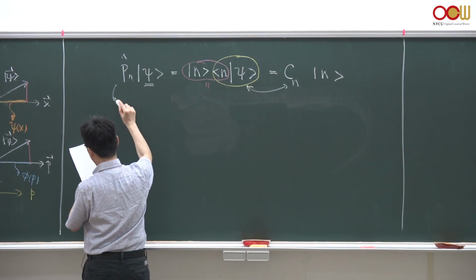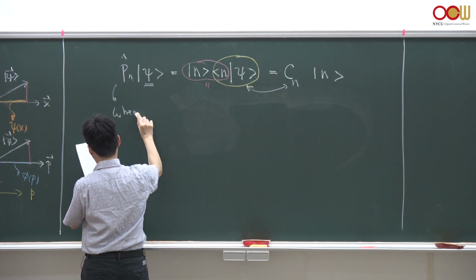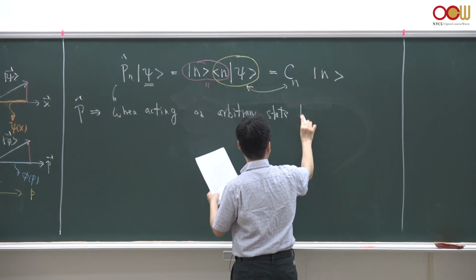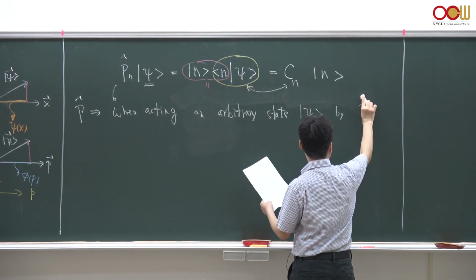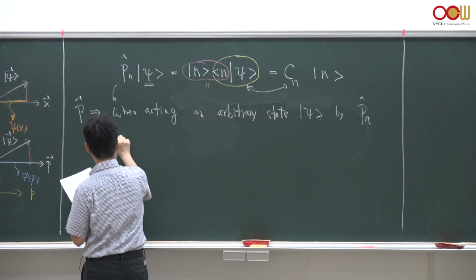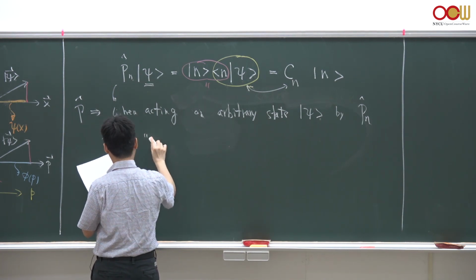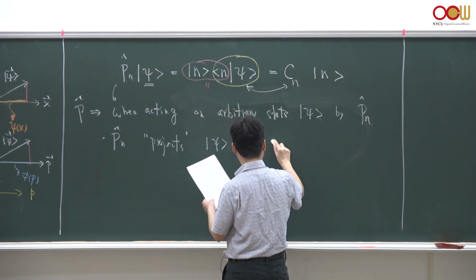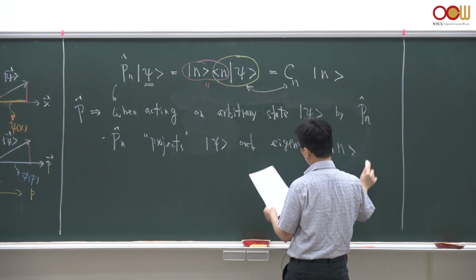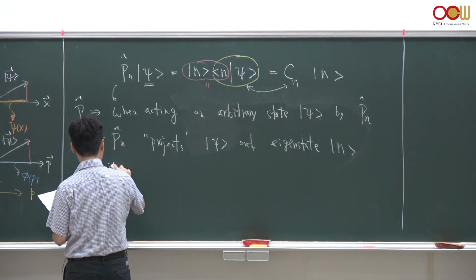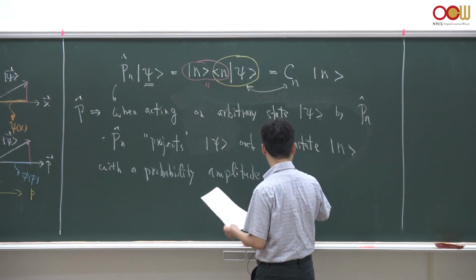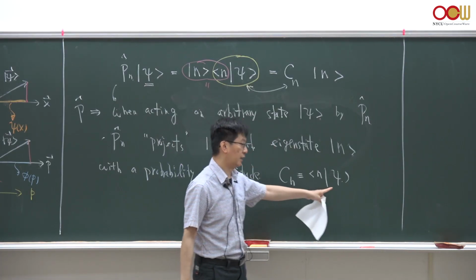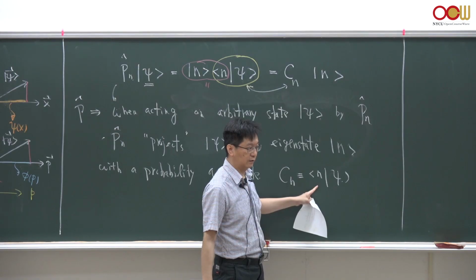This has the property that when acting on an arbitrary state psi, this projection operator Pn projects this arbitrary state onto the eigenstate, with the probability coefficient Cn, which is again the inner product between the Dirac ket state on the right and the Dirac bra state on the left.